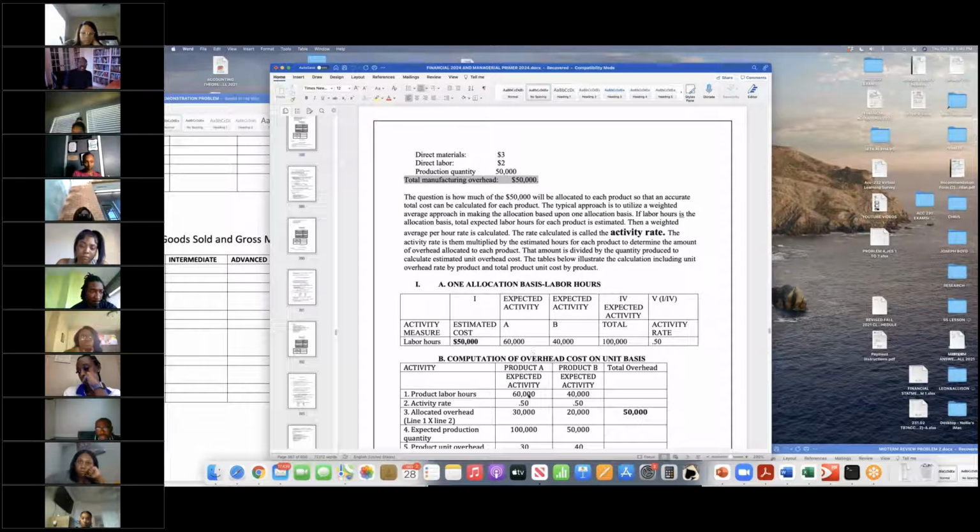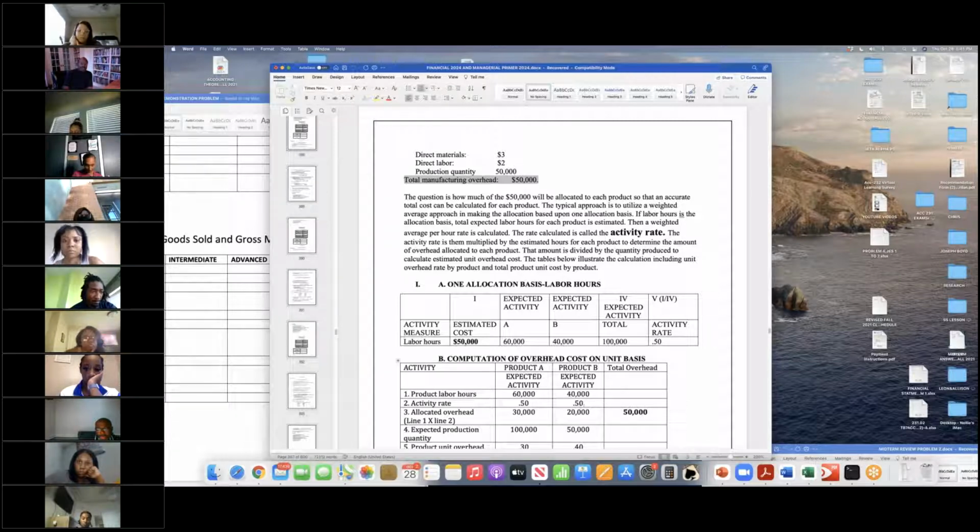then we bring down the labor hours for each product. So product A has 60,000 hours. Product B has 40,000. Then we bring down this activity rate, 0.5, and we allocate the overhead. All we do is multiply that 0.5 times the labor hours in A, so we're getting 30,000.